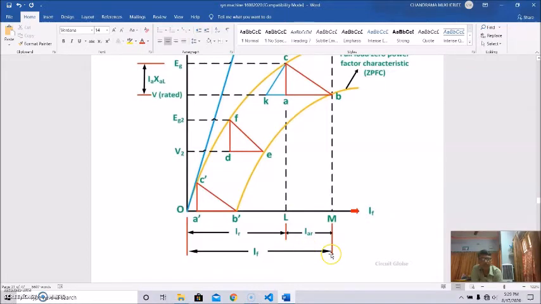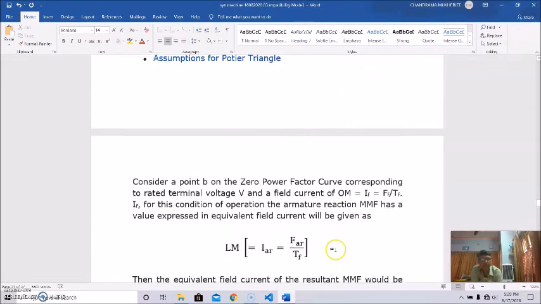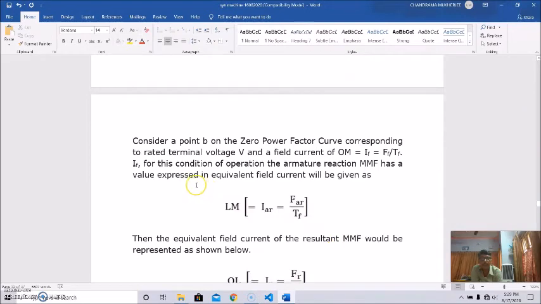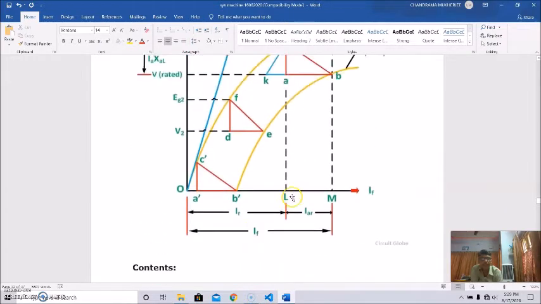OM is equal to FF by TF. Okay, and for this condition of operation, the armature reaction MMF, expressed in equivalent field current, will be given as LM. Actually, this is LM, the armature reaction current.